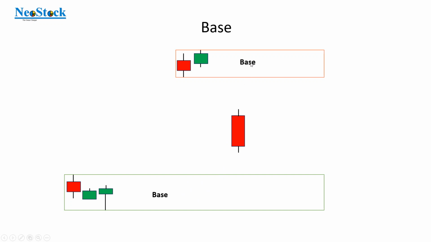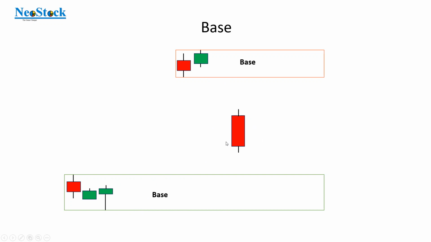And compare these 2 bases with this candle. Even before that, how many horizontal lines does a base have? 2 lines. One is the base high line and another one is the base low line. Similarly, here also, this is the base high line, this is the base low line.